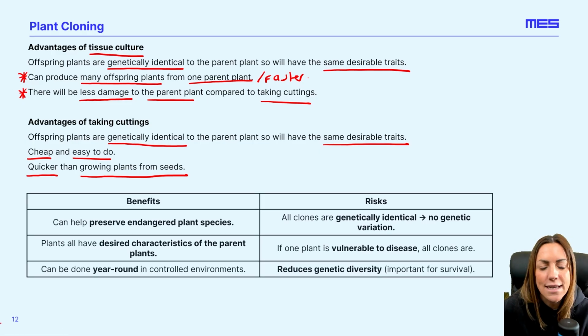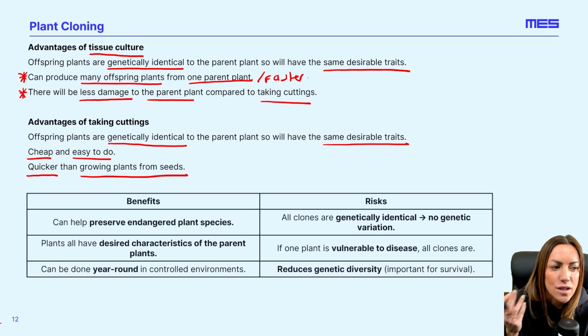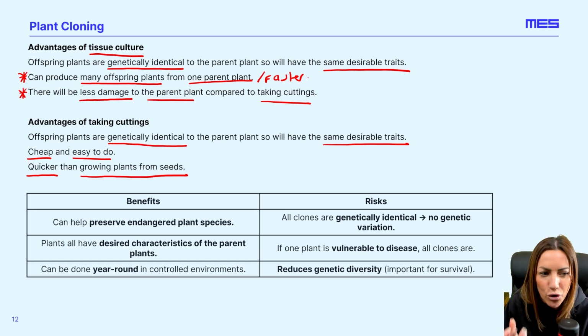If we look at these together and kind of summarize in general the pros and cons of plant cloning, I mean, both of these methods can help to preserve endangered plant species. So if a plant species is at risk of becoming extinct, you can use these methods to preserve that endangered plant species.